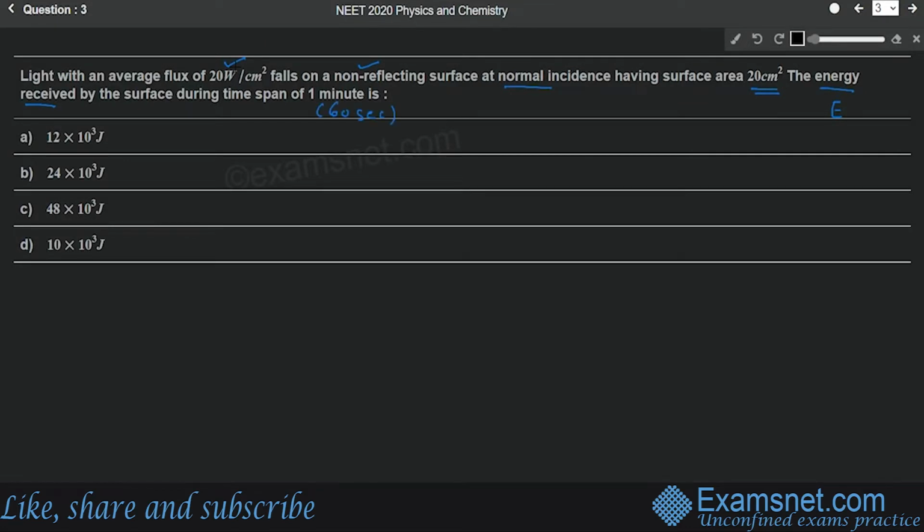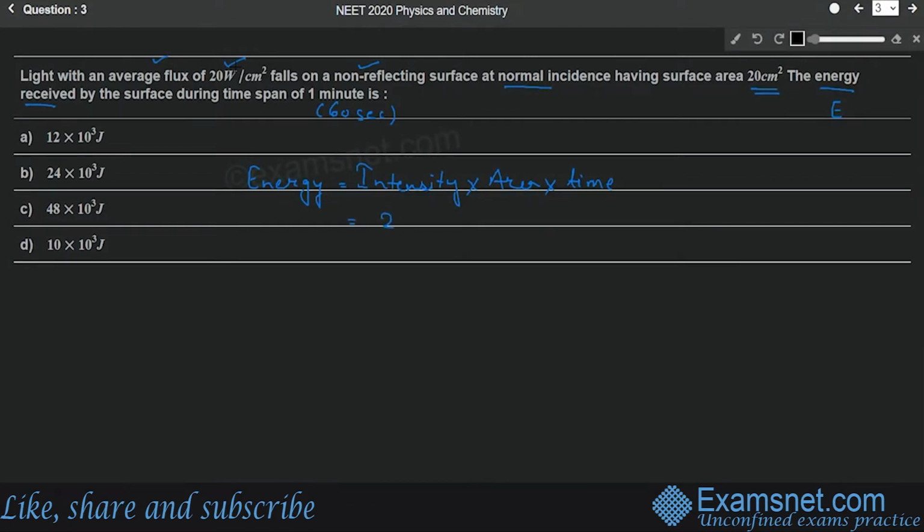Okay, so here we will simply use the formula to find out the energy received, and that is equal to intensity into area into the time. Intensity is the average flux, that means 20 Weber per centimeter square.